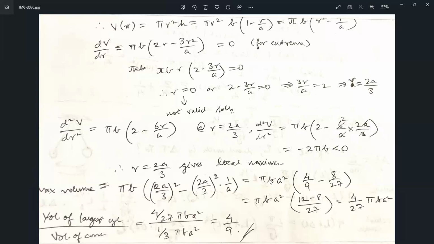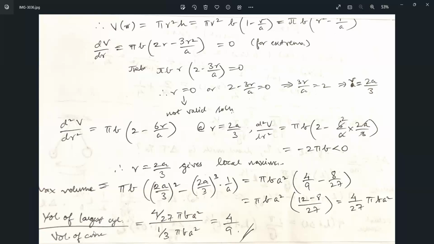So we take out a square to be common, pi b a square, and this one gives 2 by 3 the whole square is 4 by 9, 2 by 3 the whole cube is 8 by 27. And so first we do this as 12 minus 8 divided by 27 gives us 4 by 27. So the volume of the largest cylinder is 4 by 27 into pi b a square.